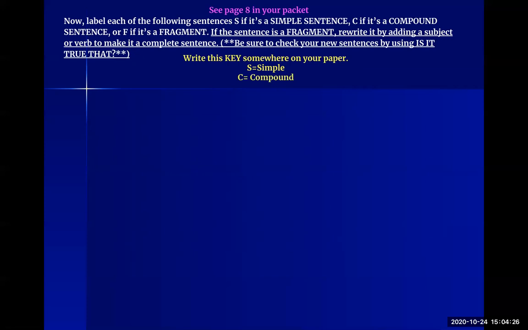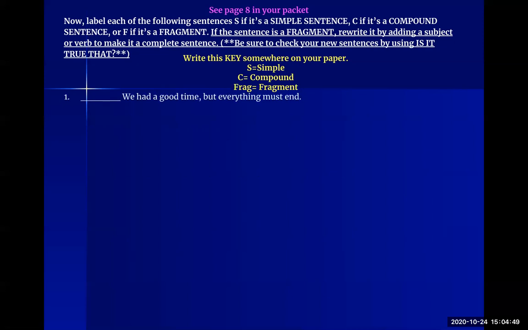Okay. C is going to be your answer for compound sentences. And then frag is going to be your answer for any of the fragments. And then you're going to rewrite them. You can add a subject or a verb if it needs it, or you can attach it to a complete sentence, making a complex sentence. Okay. So let's look at number 1.